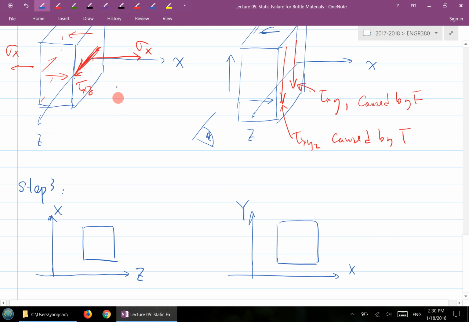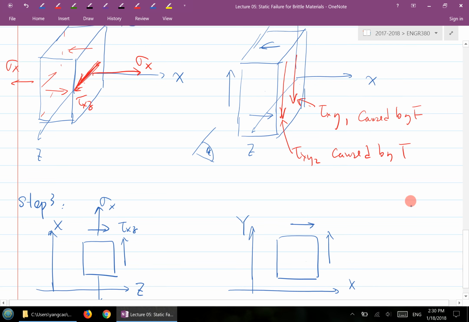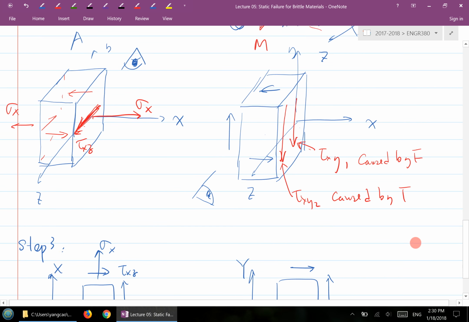So when I look at the front, you have a sigma x here, going in this x direction, and then you have this tau xz going this direction, and of course on this side here sigma x. And for the B location, there are only two shear stresses here, so you only have the shear stress like that, right?